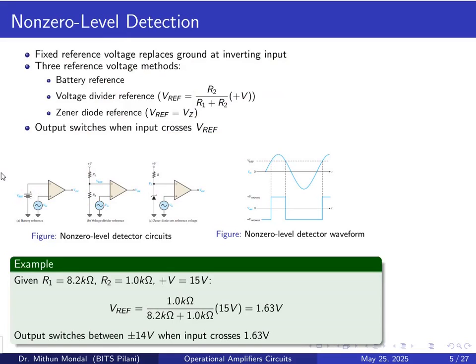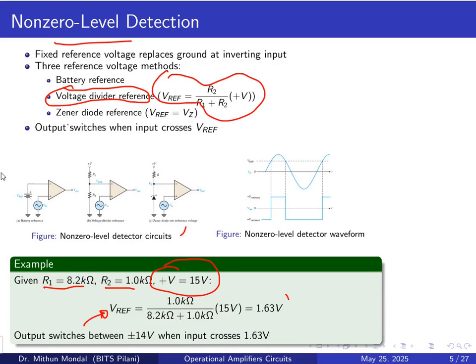Take one example where resistor R1 is 8.2 kilo ohm, resistor R2 is 1 kilo ohm, and we are using this voltage divider reference non-zero level detection circuit. The given input voltage is 15 volt. Then the reference voltage, computed by this formula, is 1.63 volt.